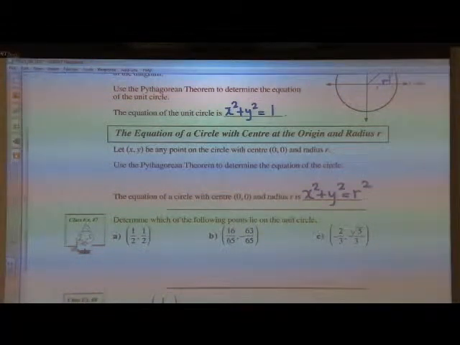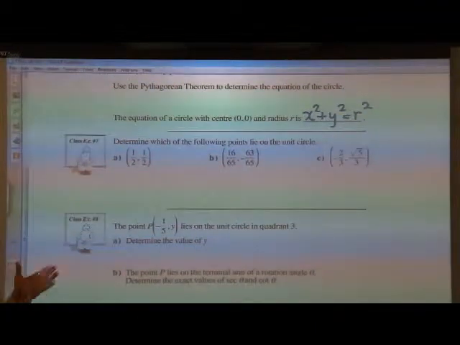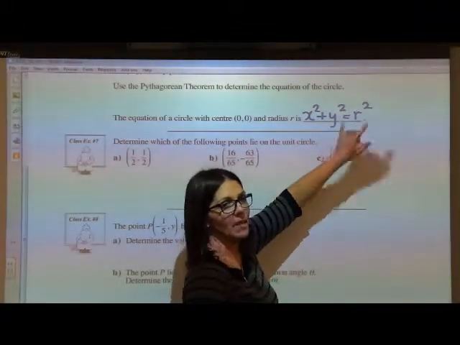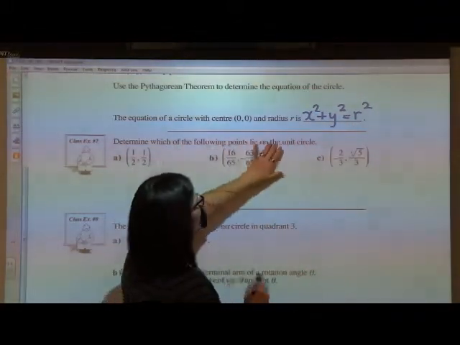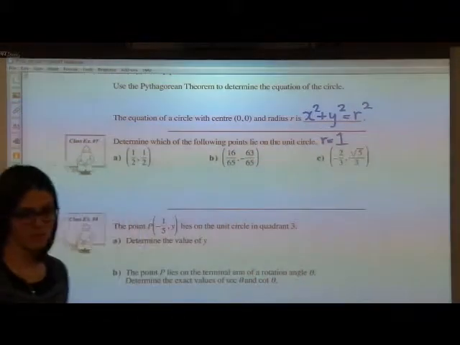So if I look at class example number 7, it says, determine which of the following points lie on the unit circle. Well, if this point lies on the unit circle, it has to make this true. So if it's on the unit circle, the radius has to be equal to 1.